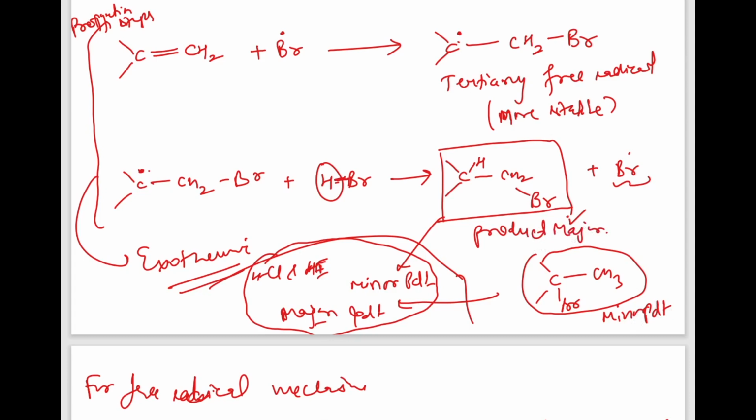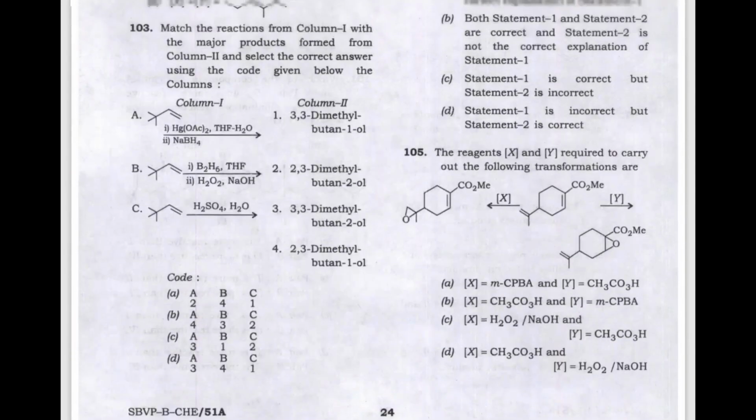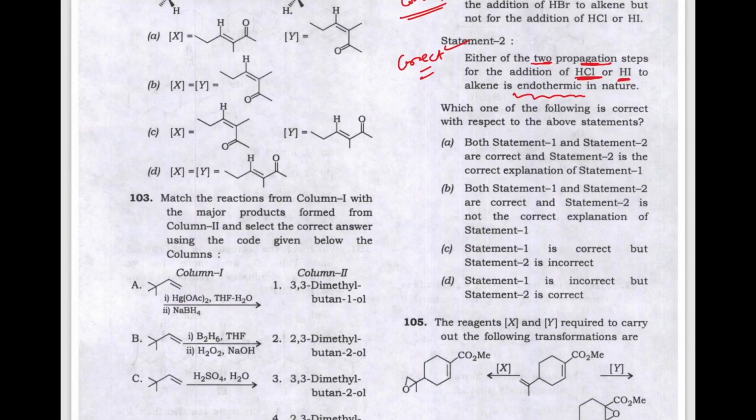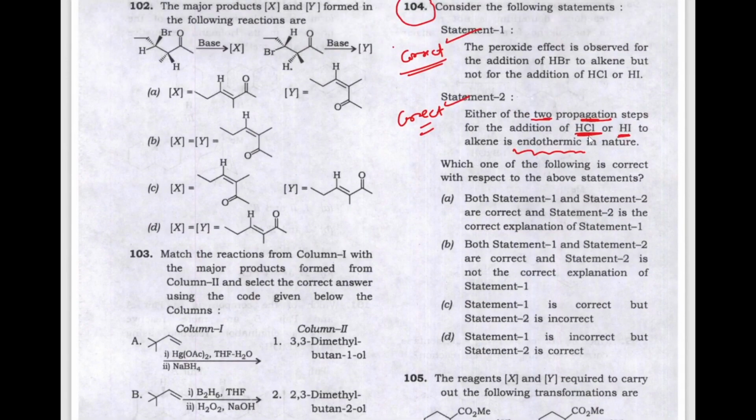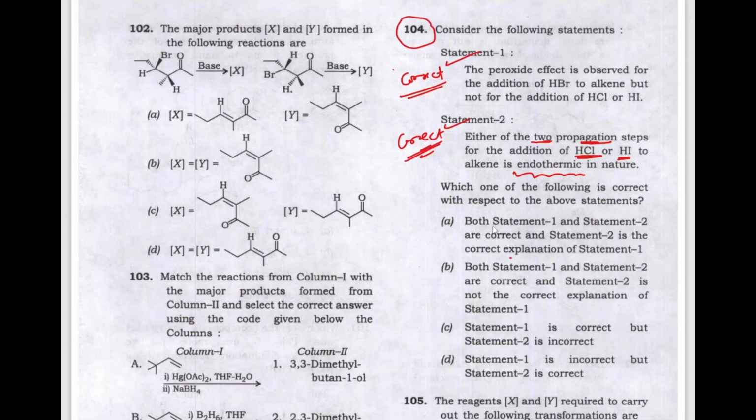Clear? So in the second statement, they said either of the two propagation steps for the addition of HCl or HI to alkene is endothermic in nature. Yes, that is correct. So if we consider the two statements, statement 1 and statement 2 both are correct, and statement 2 is the correct explanation of statement 1.